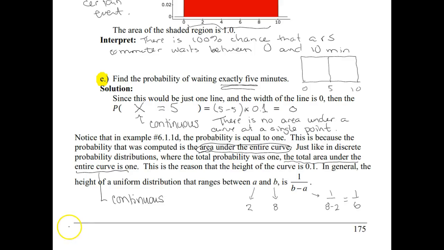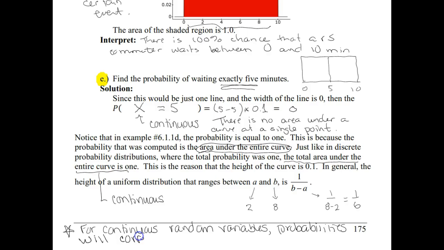All right, so the important concept to get in this very first section is that for continuous random variables, probabilities will correspond to area under a distribution curve.